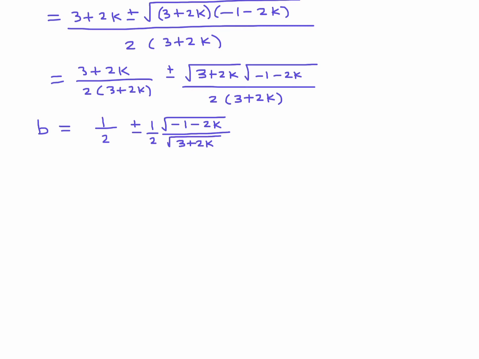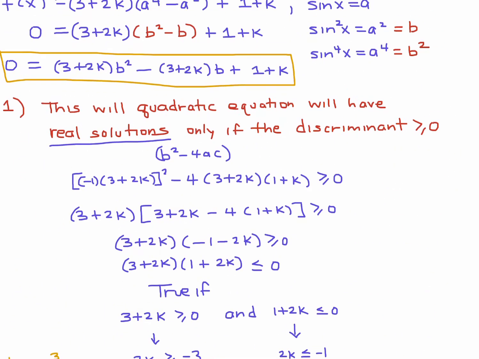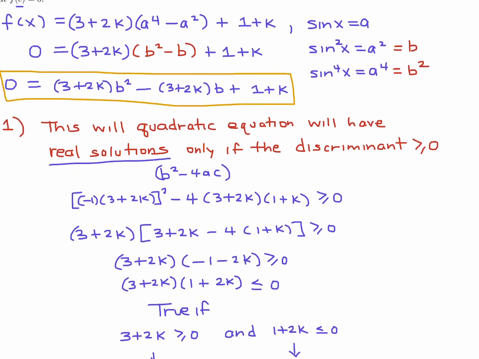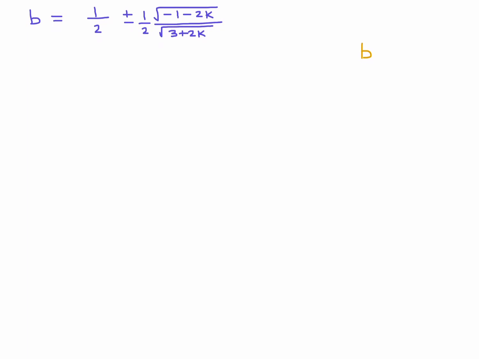Now let's recall, what is b? Probably forgot what b is by now. b was a squared, which is the sine of x squared. Okay? I forgot. b is equal to the sine of x squared. Now, if you remember, the sine of x, in terms of a range, is between 1 and negative 1.